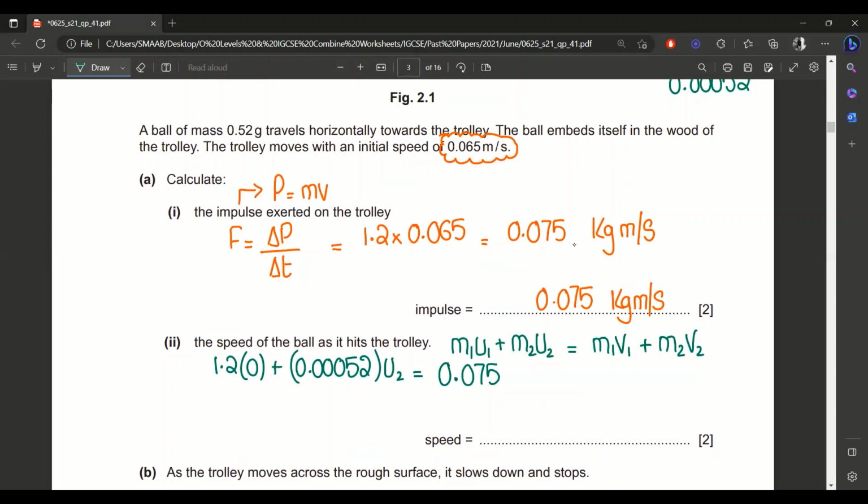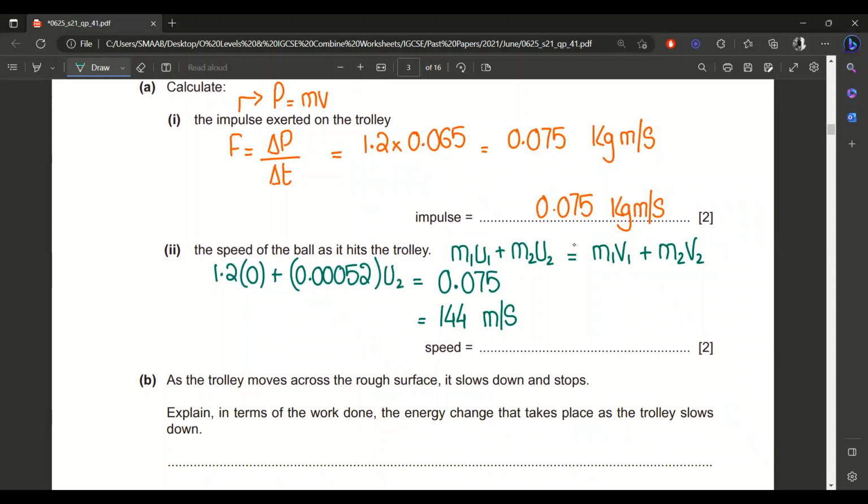So what will be the final value? As 144.23. Okay, so 144.23, and we are finding the speed, so that will be equal to meters per second.